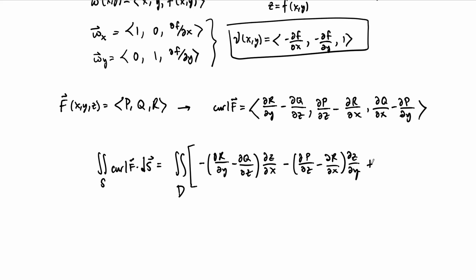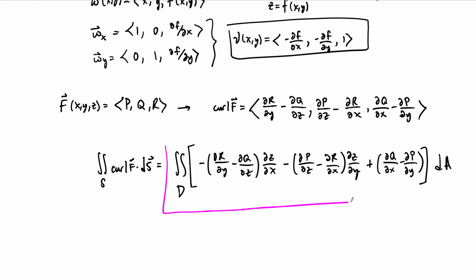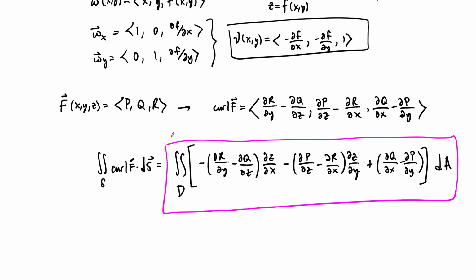And then finally, plus this term, dQ dx minus dP dy. Then this whole thing is integrated with respect to area. I'm going to put a box around this, and we're going to come back to this later.